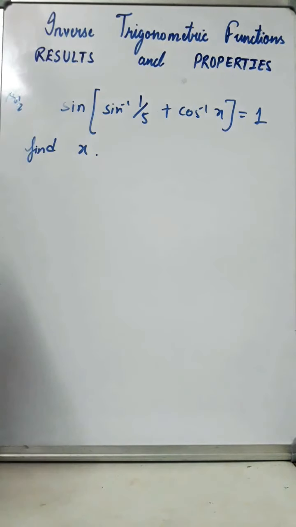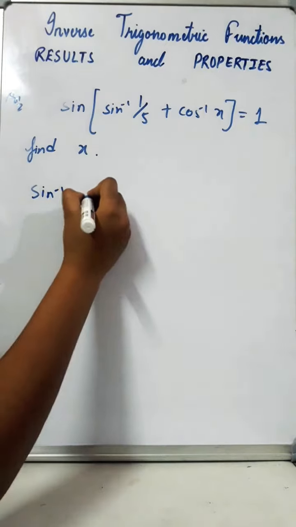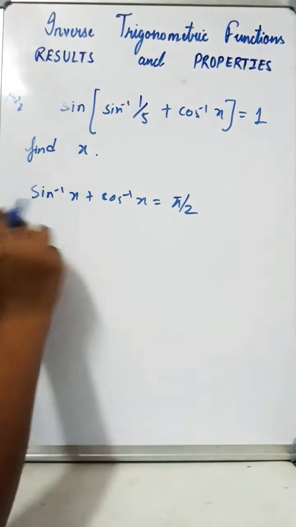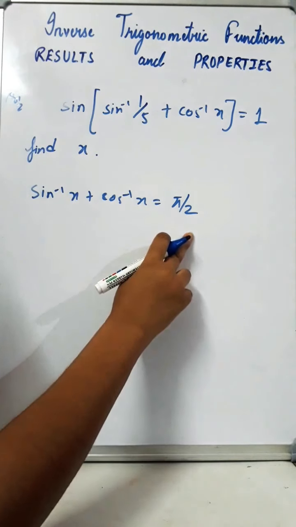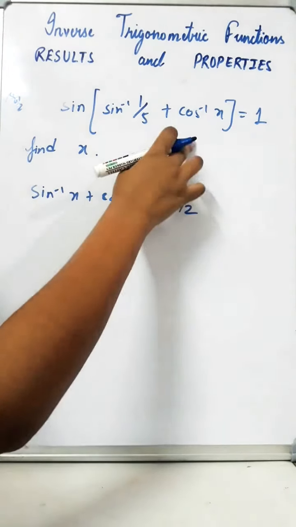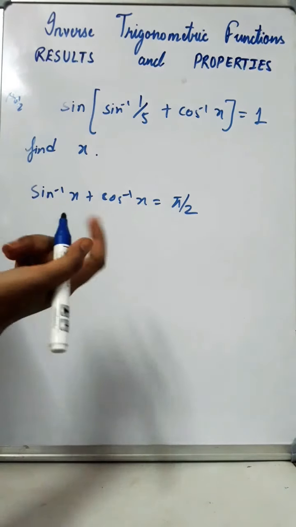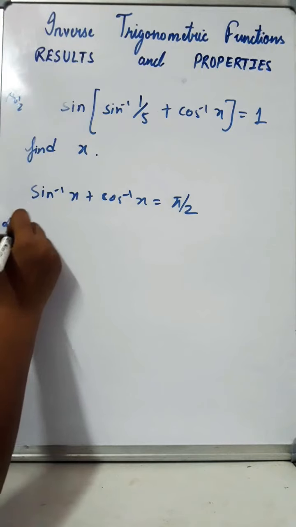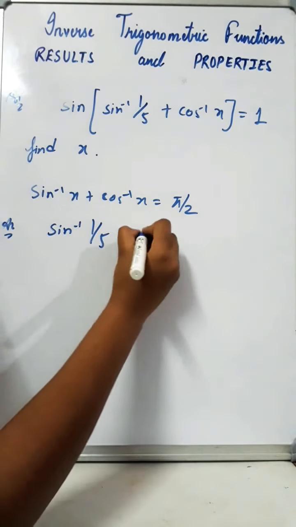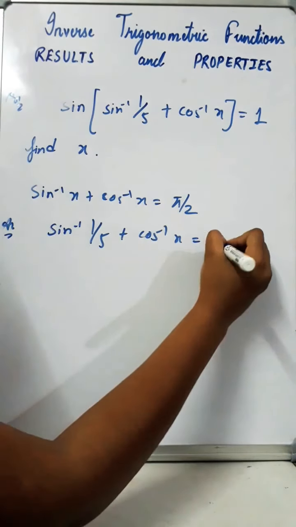See, all you know from the properties is that sine inverse x plus cos inverse x is pi by 2, right? This is a property you have read. Now let us use this property, because only this property resembles this. So first thing that I will do is take sine inverse 1 by 5 plus cos inverse x is equal to sine inverse 1.